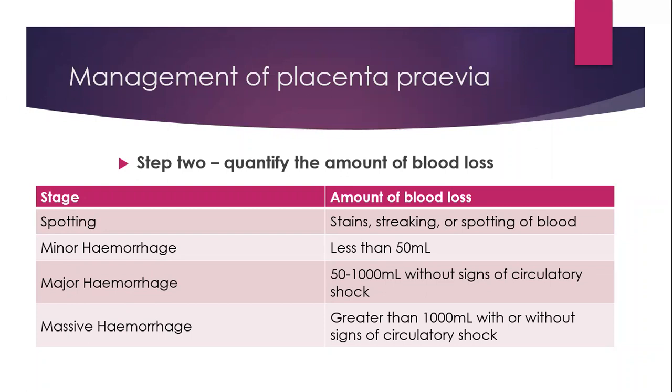If there is bleeding that I quantify as 50 to 1 liter, which is a big range, it's quite difficult to estimate the exact amount of blood loss, but that's usually when they try and quantify it based on what the patient says. It will be less than 1 pad would be a minor hemorrhage. If the patient has only used 1 blood pad, or there's blood in 1 pad only, it's a minor hemorrhage. If they've used more than 1 pad, it is a major hemorrhage. If there's signs of collapse, it's a massive hemorrhage.